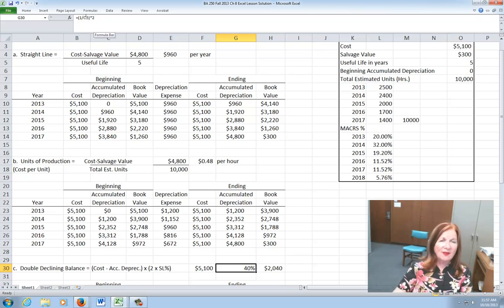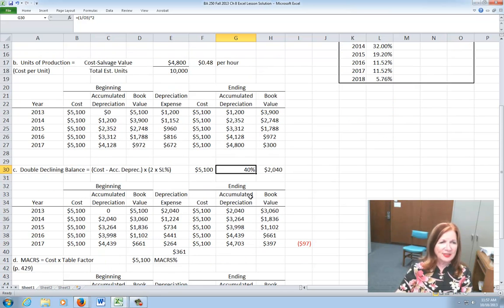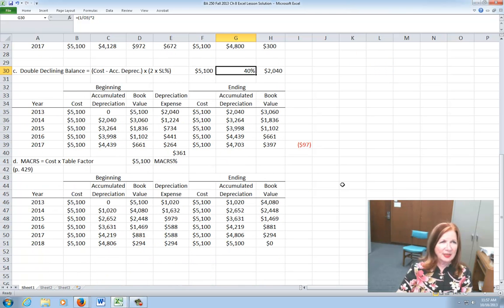So 1 divide by the life. So 1 divide by 5, which is in cell 05, then times 2. And that gives us 40% acceleration factor per year, right here. 40%. So the life stated as a percentage.